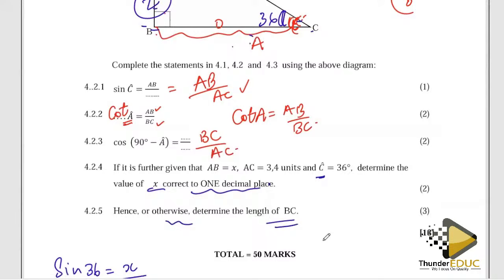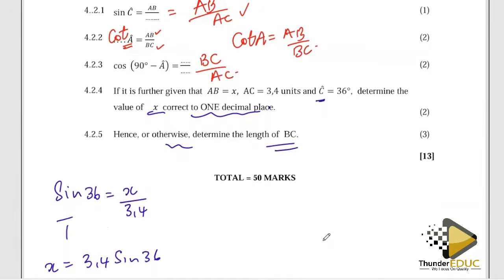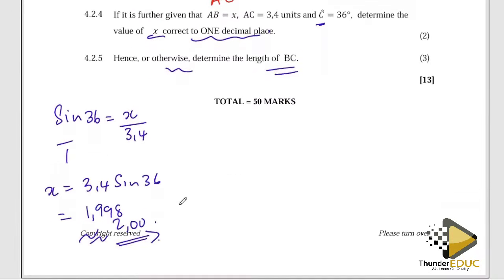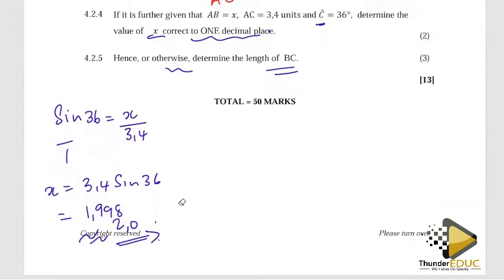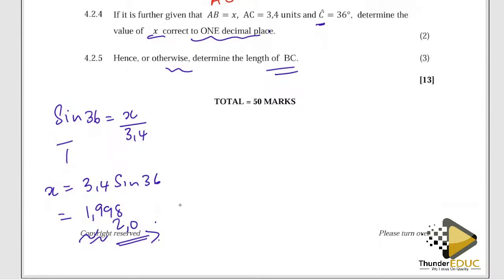Oops, sorry. They say they want 1 decimal place now. Why am I giving 2 decimal places? So this is supposed to be 2,0. Okay. So length of BC, let me use the Pythagoras, whereby r squared is x squared plus y squared. This is 4.2.5. Our r is a 3,4 squared.